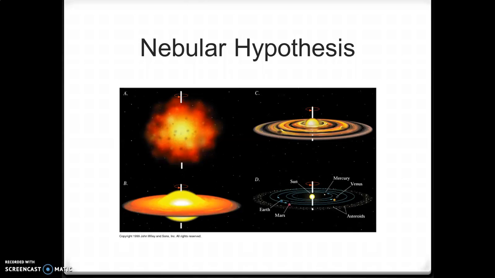Following the law of conservation of angular momentum, the centrifugal force would push materials outward from the Sun's atmosphere, while gravitational attraction would pull materials toward the central mass. The action of the two forces would create a ring of material within the plane of the Sun's equator. This process formed several concentric rings that would eventually form the planets, and that is the nebular hypothesis.